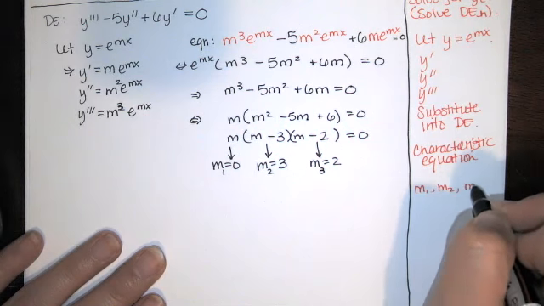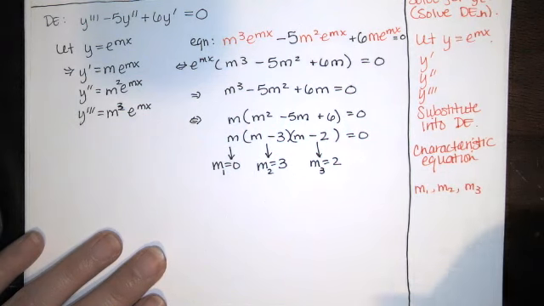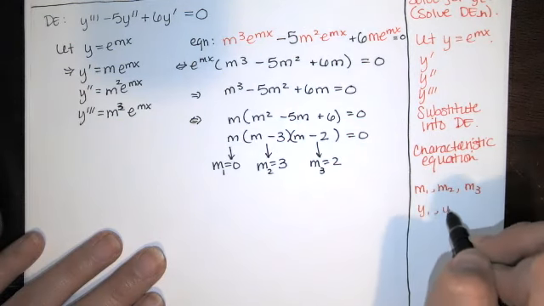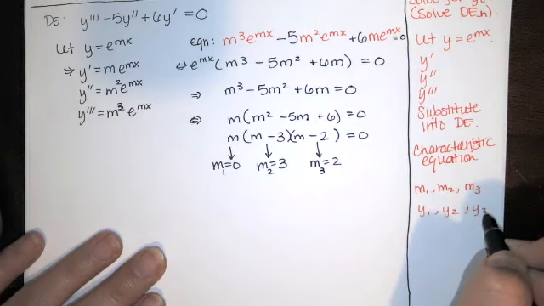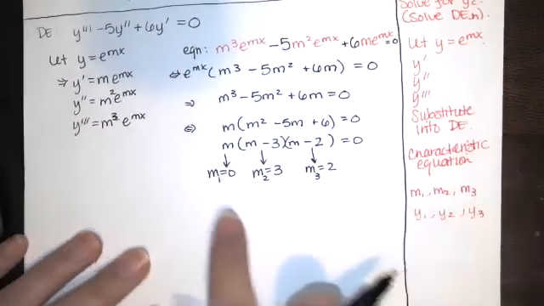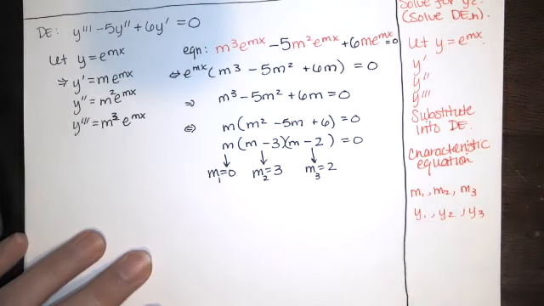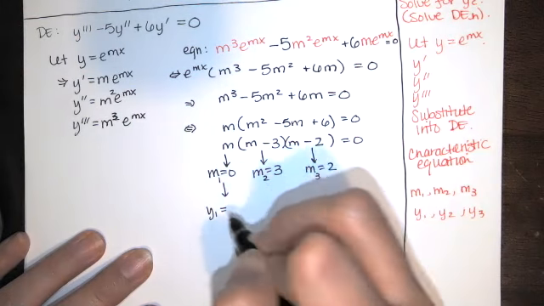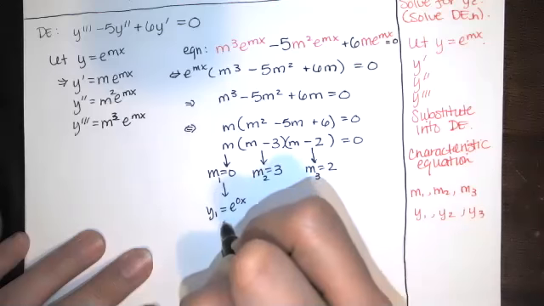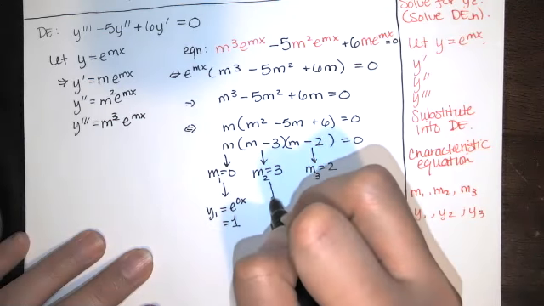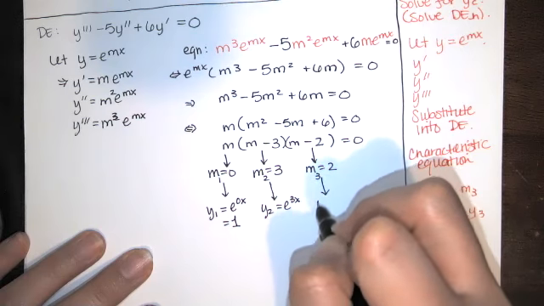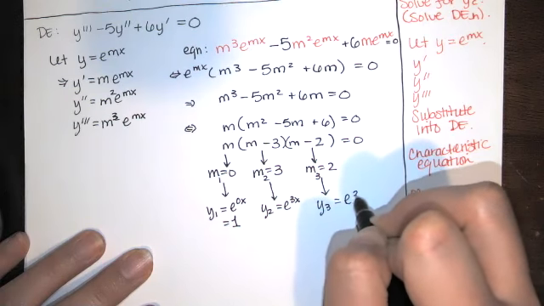Now, because the differential equation was a constant coefficient equation, the corresponding solutions are just given by this e to the mx, where m is equal to 0, 3, or 2. So y1 is e to the 0x, which is of course just 1. And y2 is e to the 3x, which doesn't simplify, and y3 is e to the 2x.